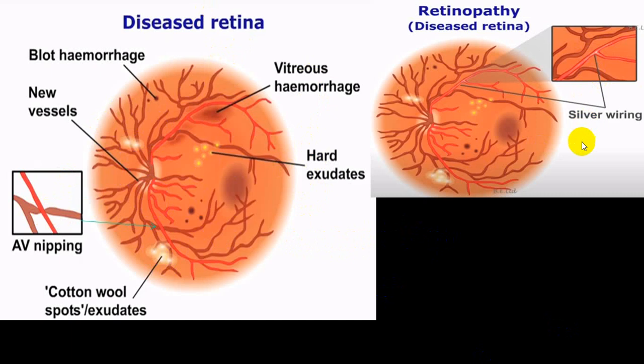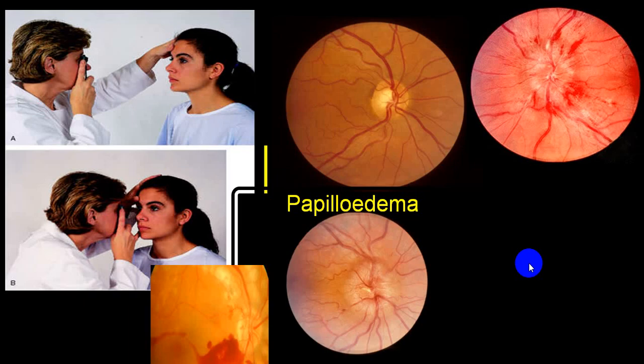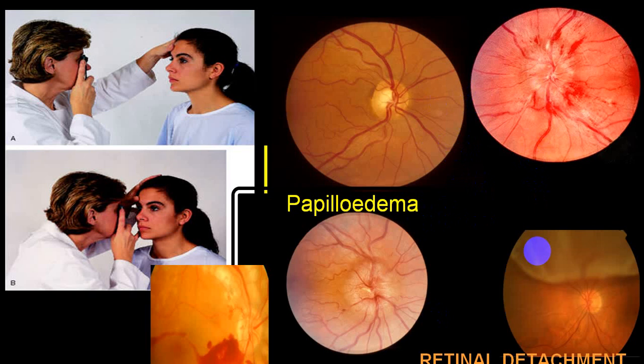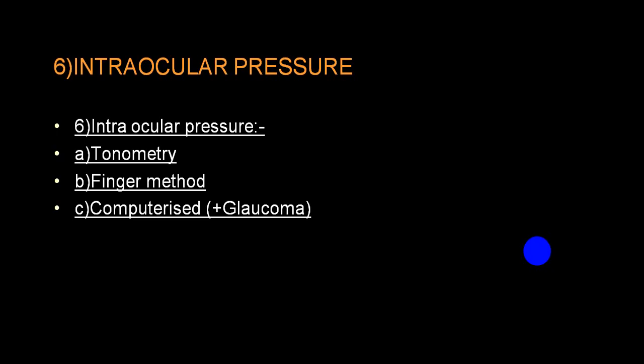Copper wire appearance, silver wire appearance, all those are different terms which are being utilized. I am not an expert. And look for any papilledema and which grade it is. Any exudate, any hemorrhage, try to look for retinal detachment.